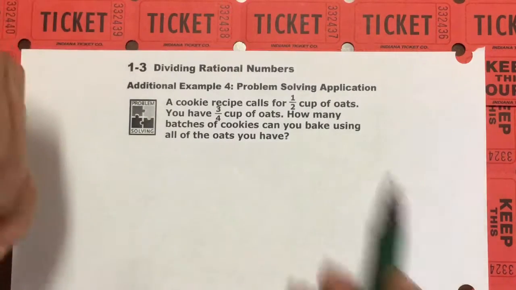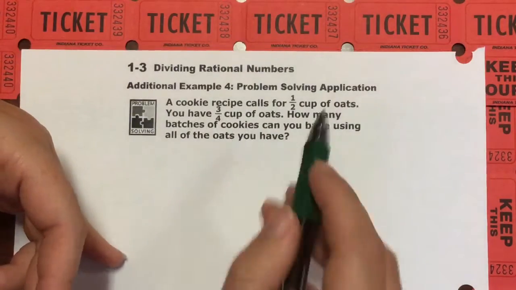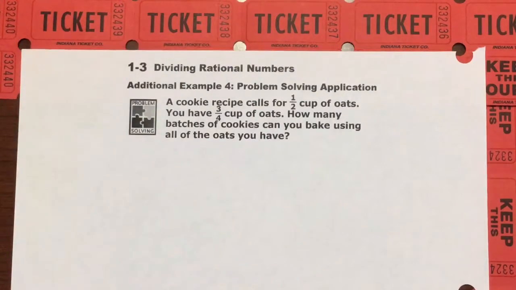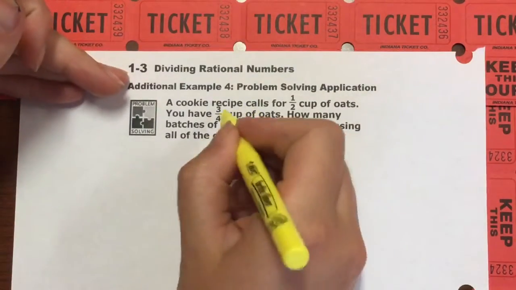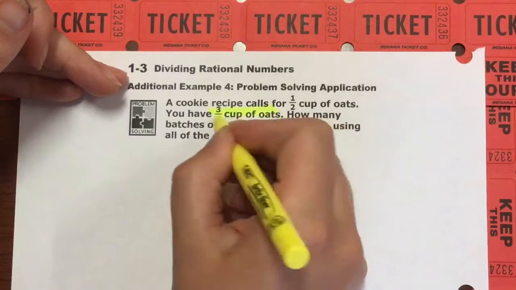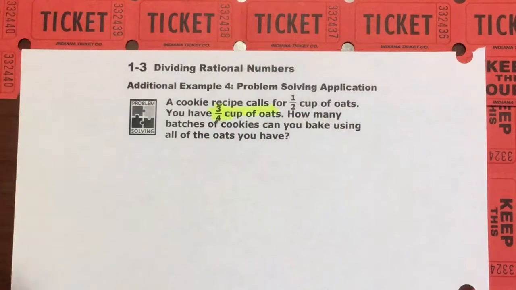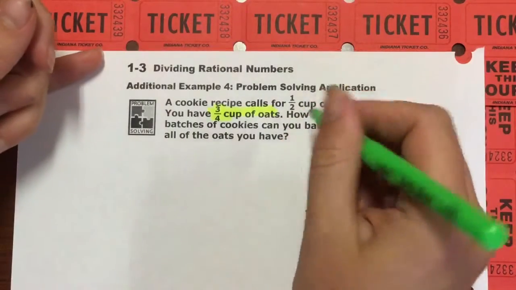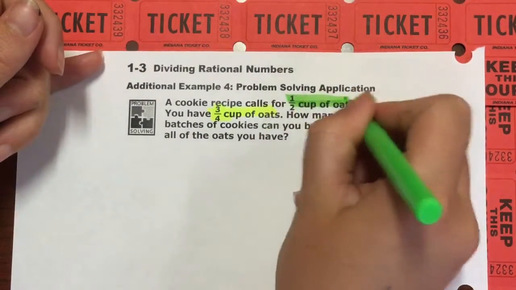Well, how much do we have? We have 3/4 cup of oats. That's how much we have. And each batch is 1/2 cup of oats.